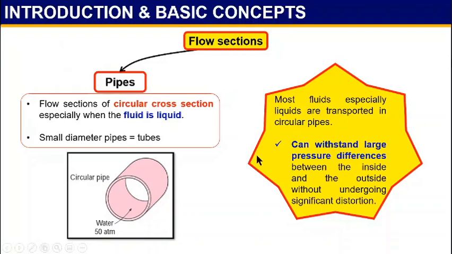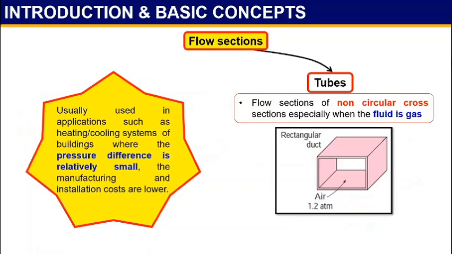Alright, tubes are usually used in applications such as heating or cooling systems of buildings, where the pressure difference is relatively small and the manufacturing and installation costs are lower. So those are the benefits of flow sections using tubes.